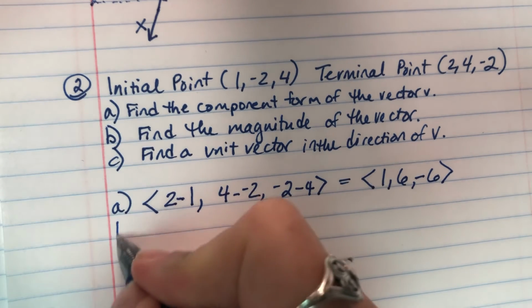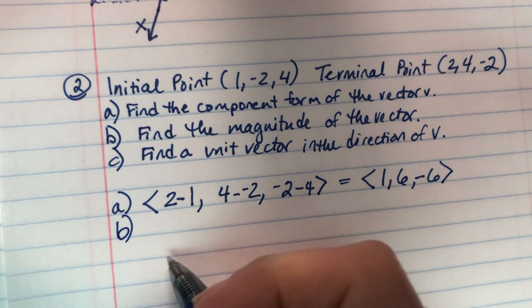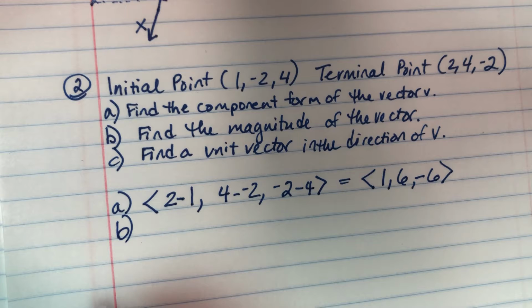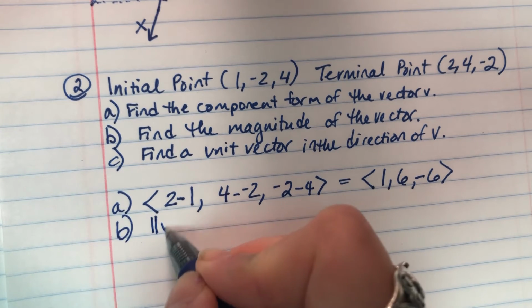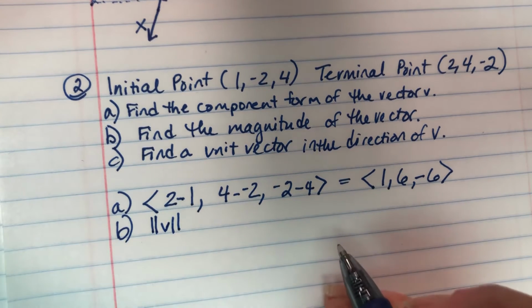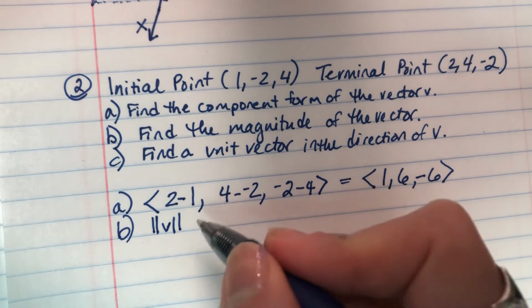Okay, part B. We need the formula for the magnitude of the vector. So the magnitude symbol is double vertical bars on each side of the vector name.